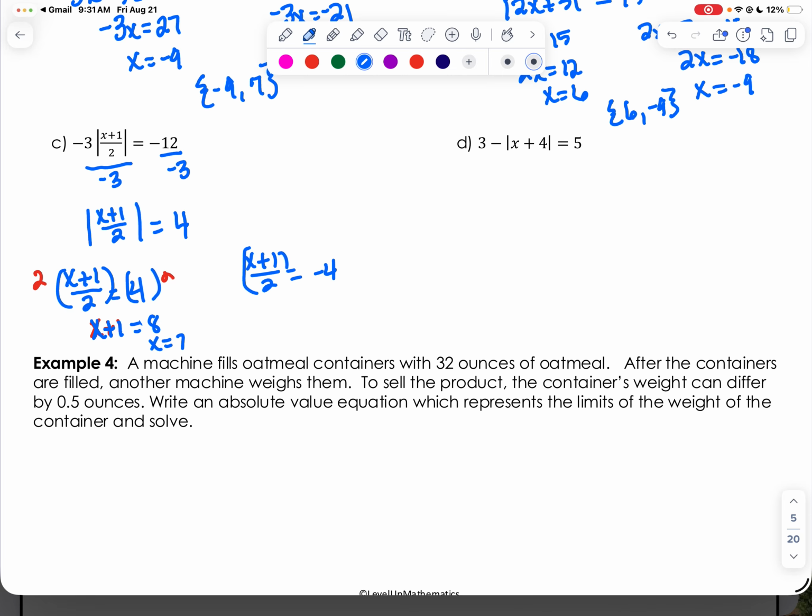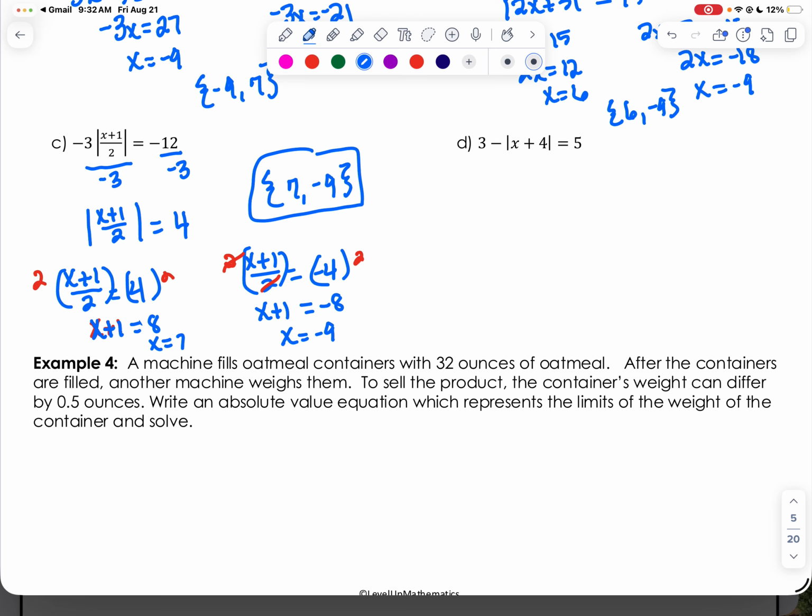On this side, I want to multiply both sides by 2. So these twos cancel out and leave me x plus 1 equals negative 8. Subtract 1 to get negative 9. So 7 comma negative 9.